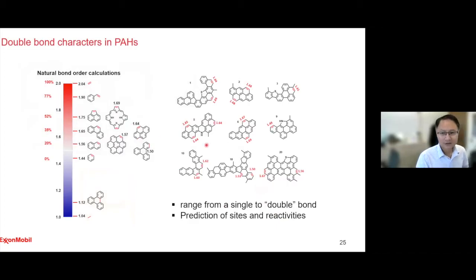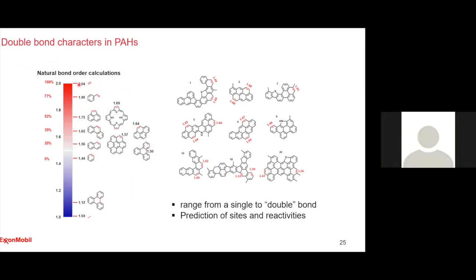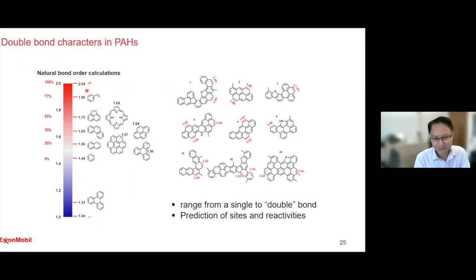Also, typically when I talk to people, people often think PAH is just like benzene, with all the bonds equal. But in PAH, a lot of bonds have slight differences and they have important consequences. So this is a natural bond calculation. You can see that you can put ethane and ethylene as a single bond and a double bond, and benzene at about 1.44 double bond character here.